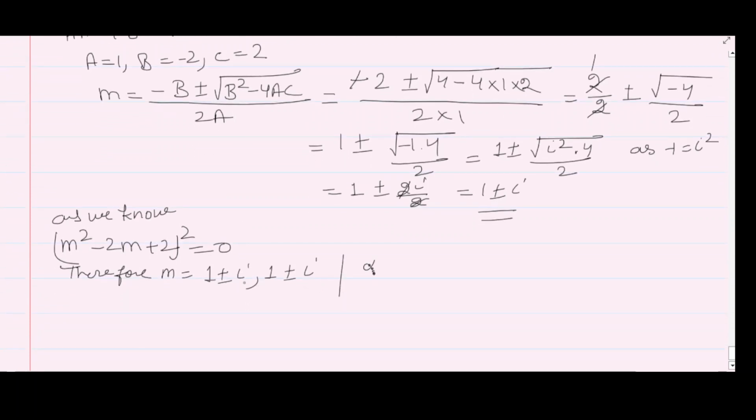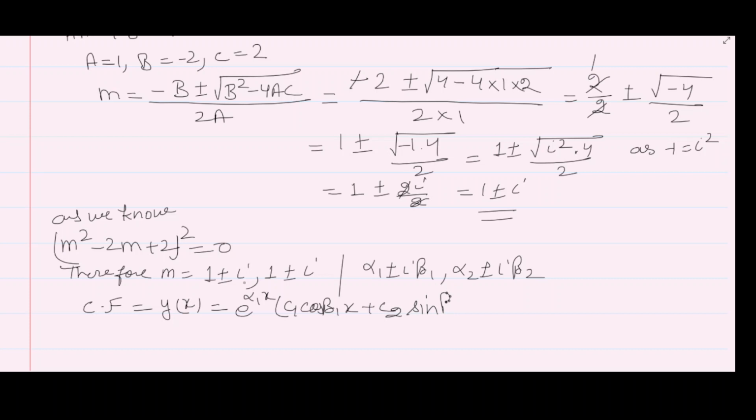If we compare, alpha 1 plus minus i beta 1 and alpha 2 plus minus i beta 2, your complementary function or solution y of x will be equal to e to the power alpha 1 x, that means 1 into x, alpha 1 x, c1 cos beta 1 x plus c2 sin beta 1 x, plus e to the power alpha 2 x, c1 cos beta 2 x plus c2 sin beta 2 x.